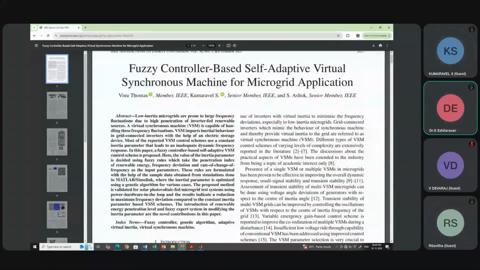Sir, sorry to disturb you. How you have built SVM, sir? Madam, not clear, madam. SVM. How you have built SVM? Virtual synchronous machine, madam. VSM. Virtual synchronous machine. In which software you have used, sir?